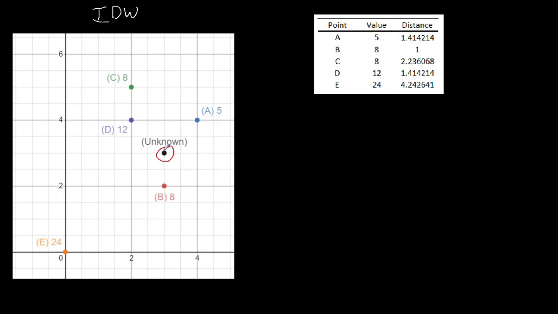So what I've done to save us a little bit of time here is I've already calculated the distance between the point and the unknown point. So this value right here between A, which is this point here, and our unknown, this distance right here is 1.14 units, and so on and so forth.